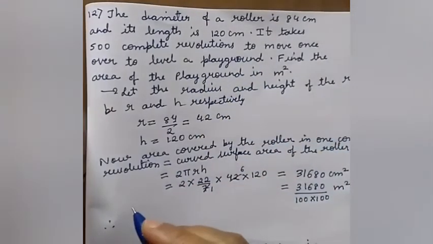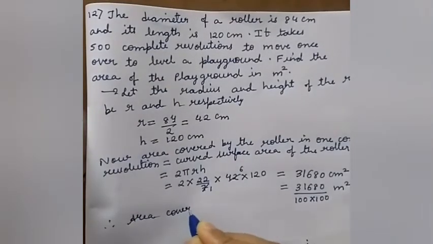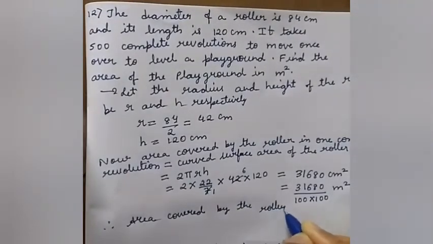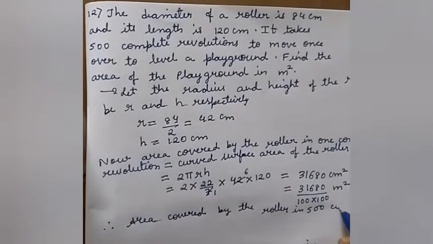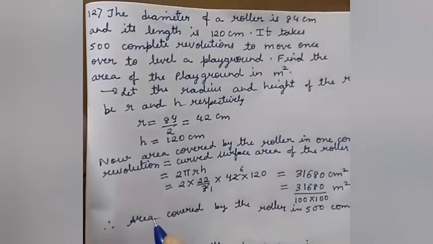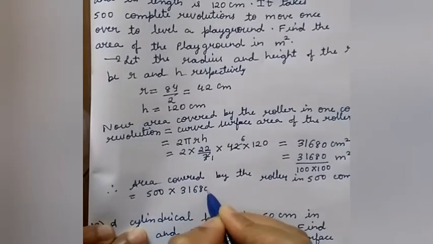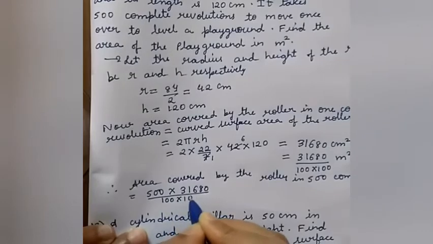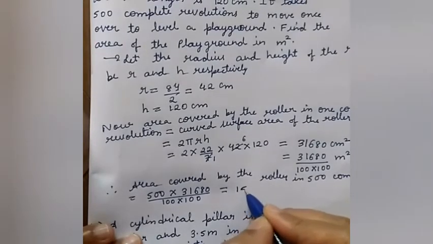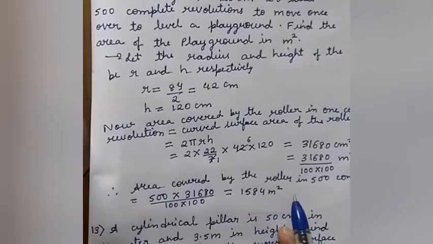So the area covered by the roller in 500 complete revolutions is equal to 500 into 31,680 divided by 100 into 100, which is equal to 1,584 meter square.